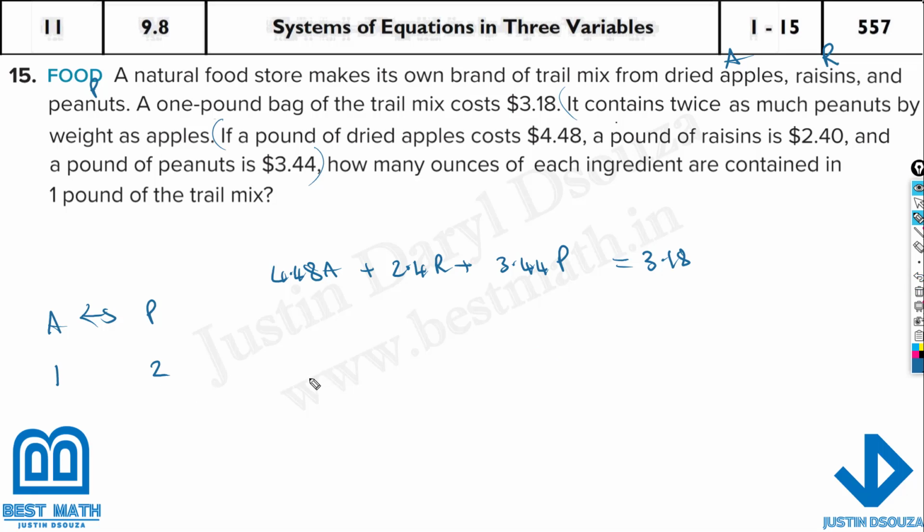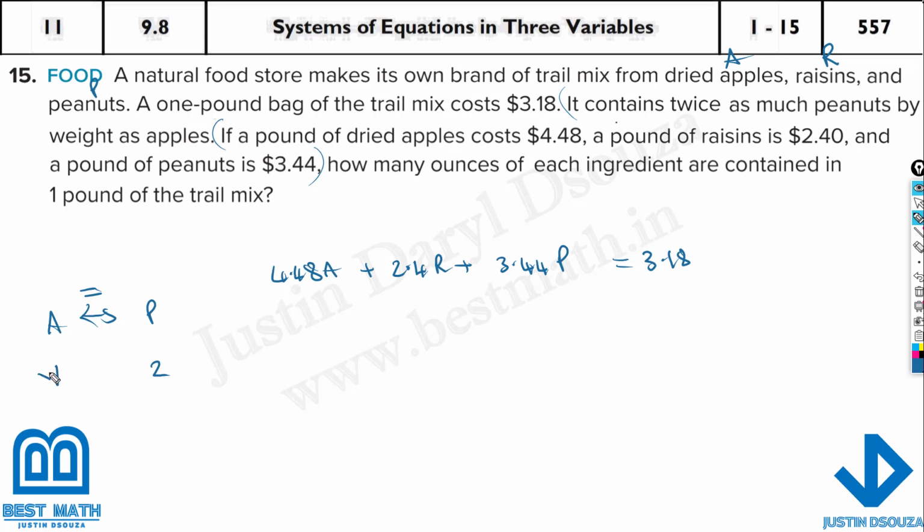So how do we write it then? It's not very simple. You should just write this: apple and peanuts over here. 1 unit of apple is 2 units of peanuts. So I need to write this equal to, right? So I need to get these numbers the same. So what should I do over here to get both numbers the same? Either I should divide this by 2, that means peanuts by 2, or I multiply apple by 2.